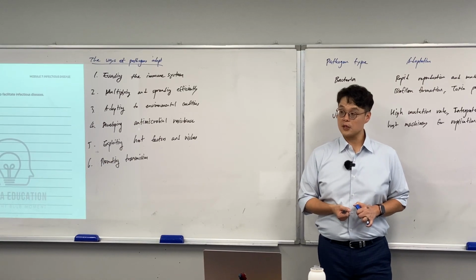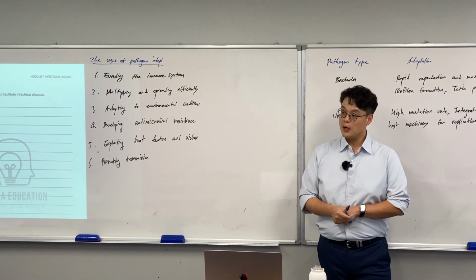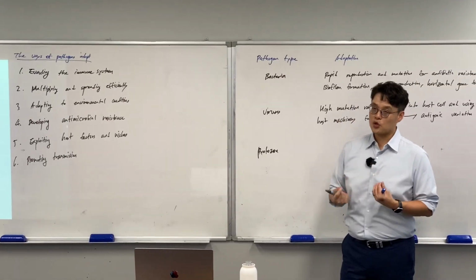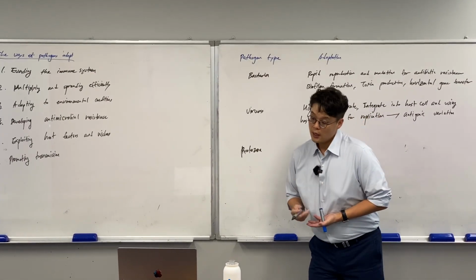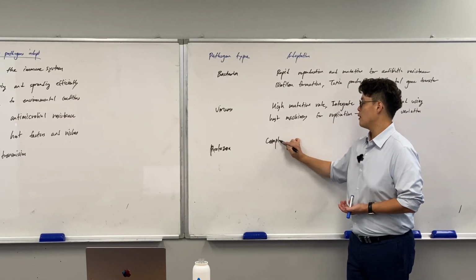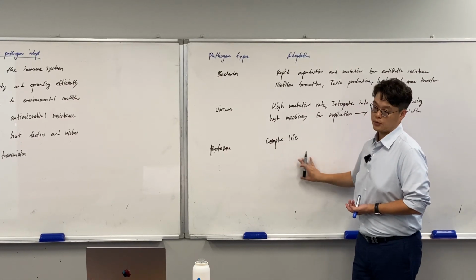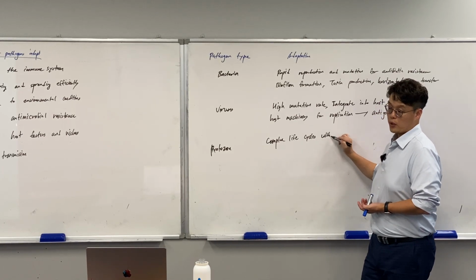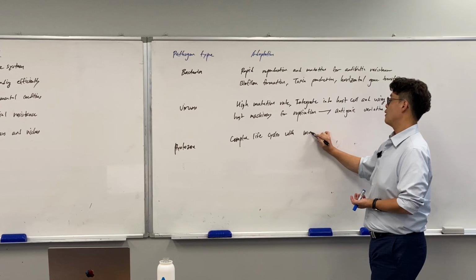Eukaryotic, so it's like a fungi. So they're kind of in the same family as fungi too. Protozoa follow a similar method of reproducing themselves like fungi. So they have really complex life cycles with multiple hosts.